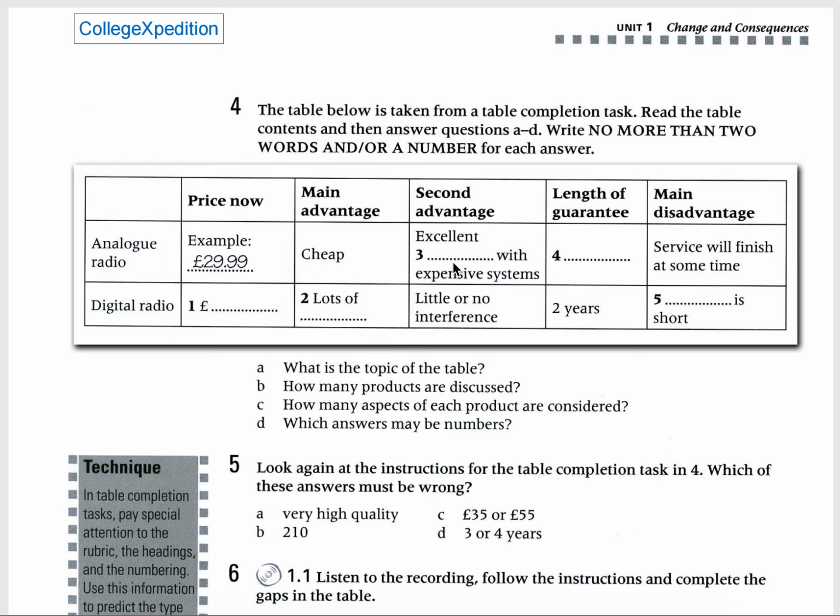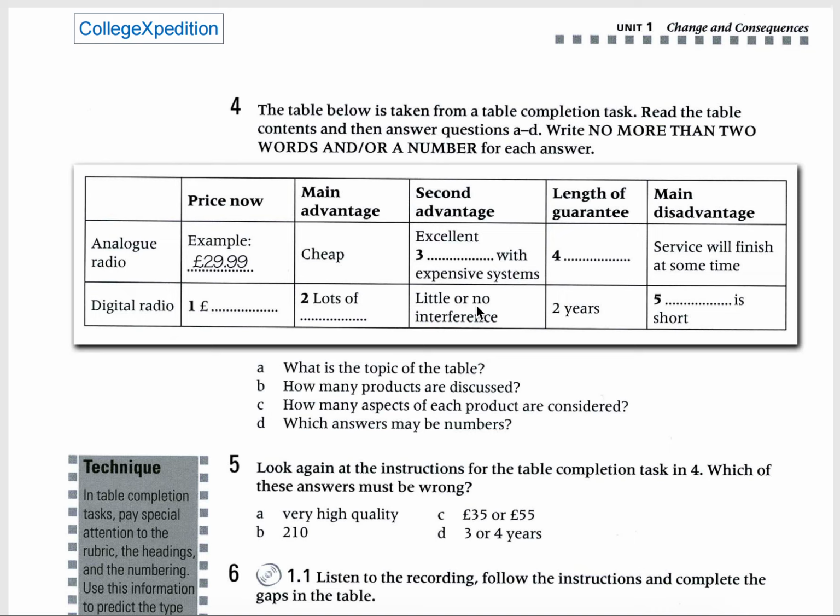And then for the third question, your keyword should be here because we are comparing again analog radio and digital radio. So as you look at here, the second advantage is little or no interference.